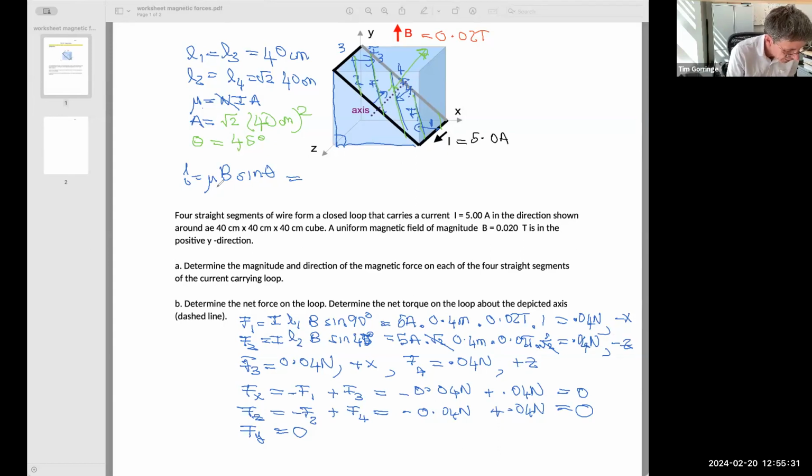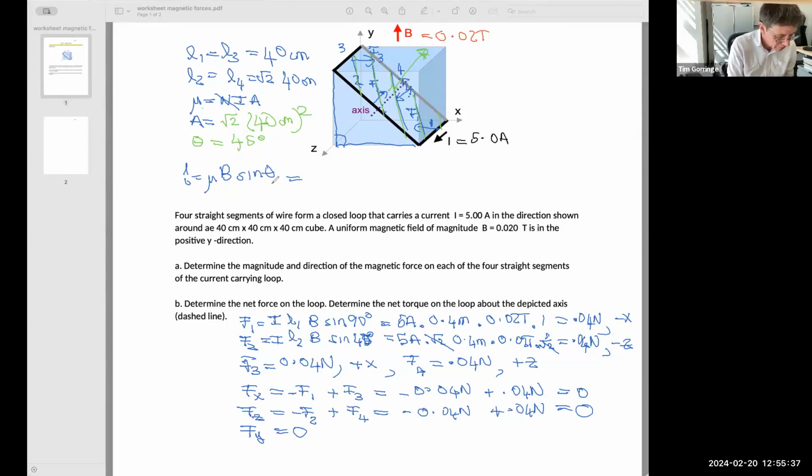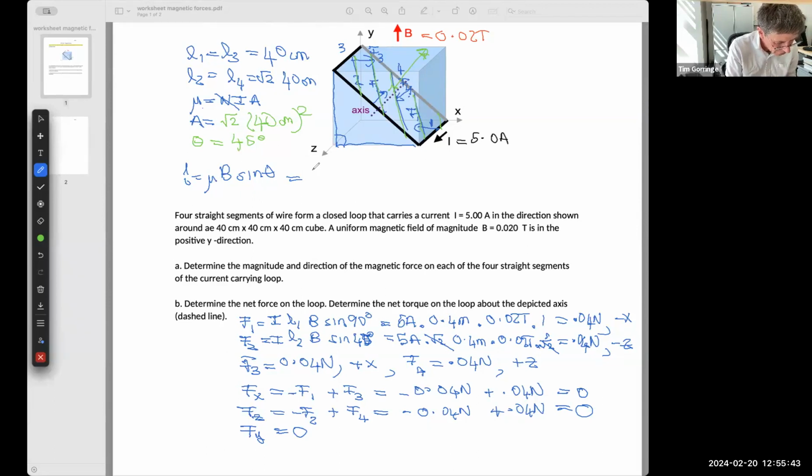So we can now fill in the magnetic moment, the field, and the angle between these two quantities with directions. Let's go ahead and do that. The magnetic moment is the current, 5 amps, times the area, root 2 times 0.4 meters, squared. Then that's times the magnetic field, 0.02 Teslas, multiplied by the sine of the angle between B and A, sine 45 degrees.